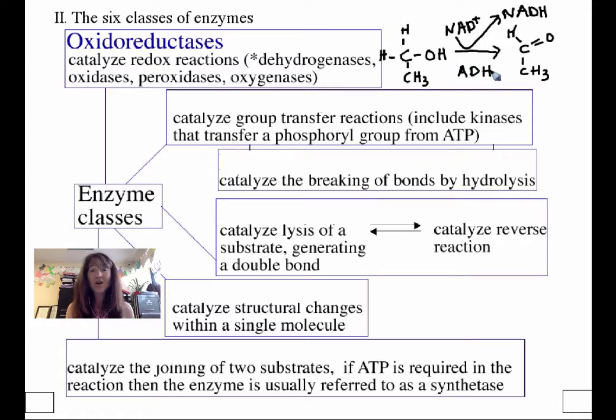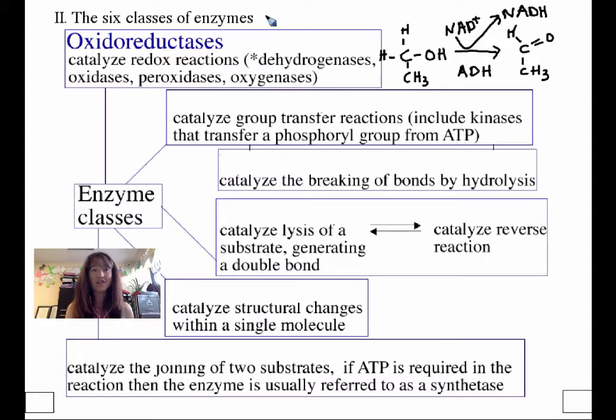And as it turns out, alcohol dehydrogenase has an even more systematic name. That systematic nomenclature is coming back in again. We can also term it the name of the molecule, the substrate that's oxidized, colon, the name of the cofactor that's reduced, and then add on oxidoreductase.